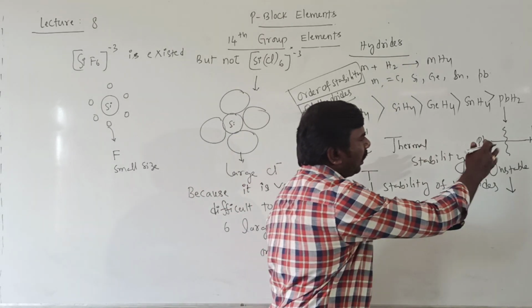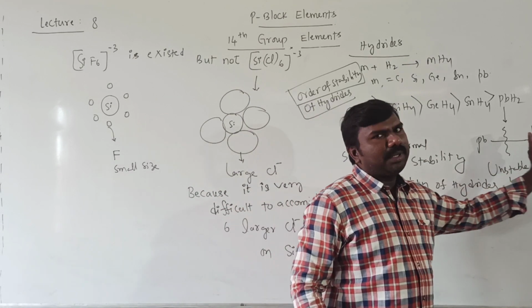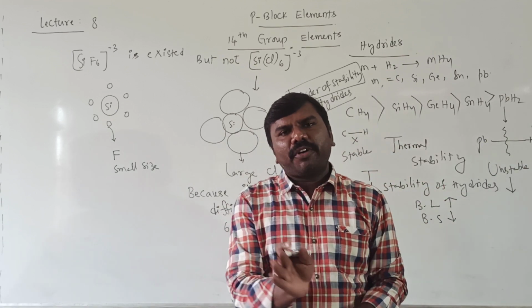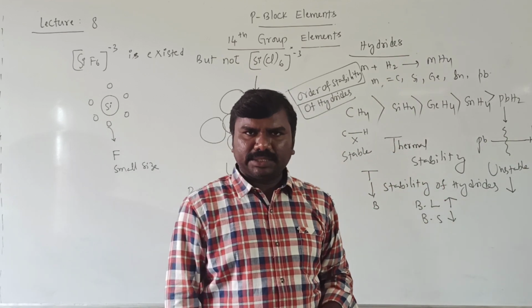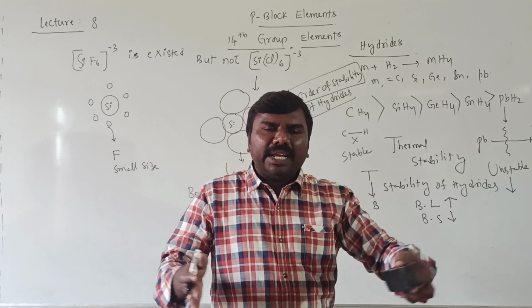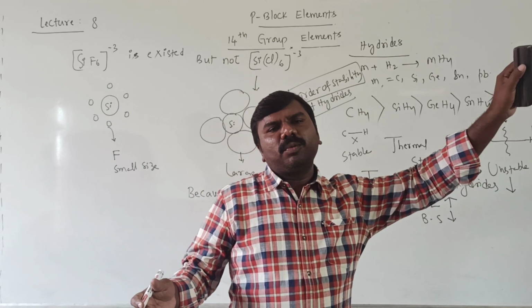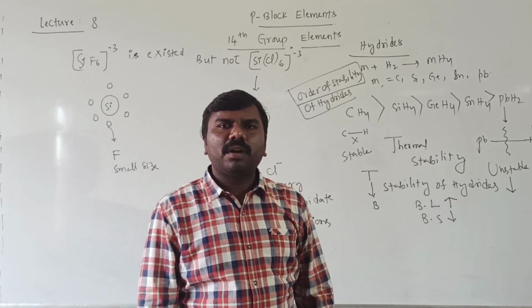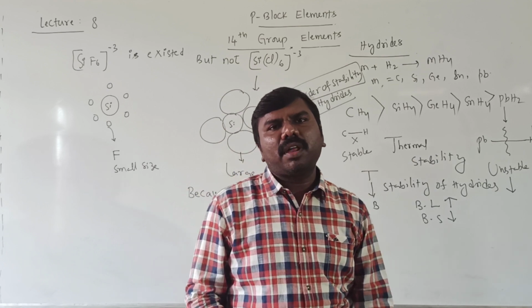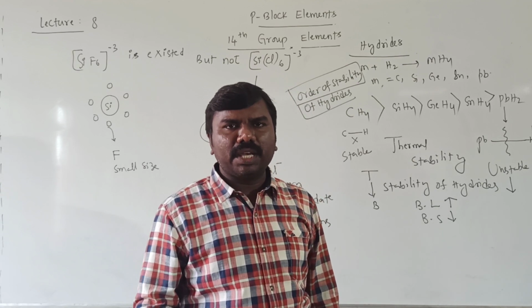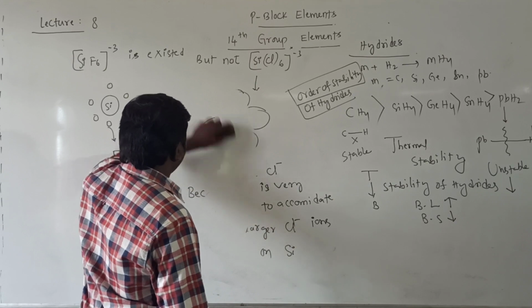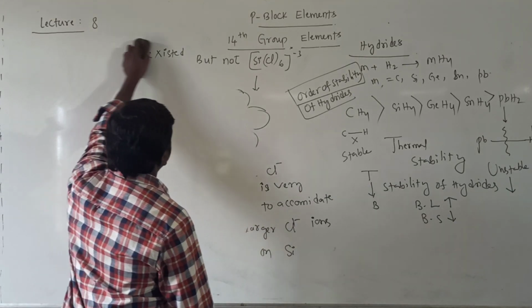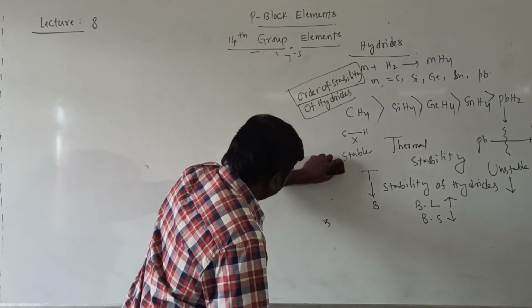Now, if you break the bond easily, hydrogen will be gone easily. Removal of hydrogen is called oxidation. Bond length increases, hydrogen is easily removable. Removal of hydrogen is called oxidation. Itself involved in oxidation is called a reducing agent. Now, thermal stability is related to reducing agent character.